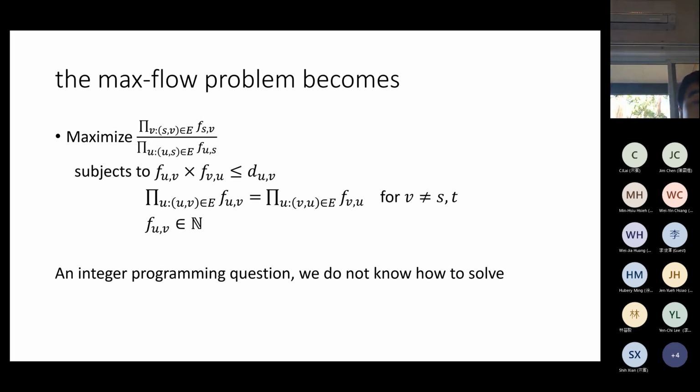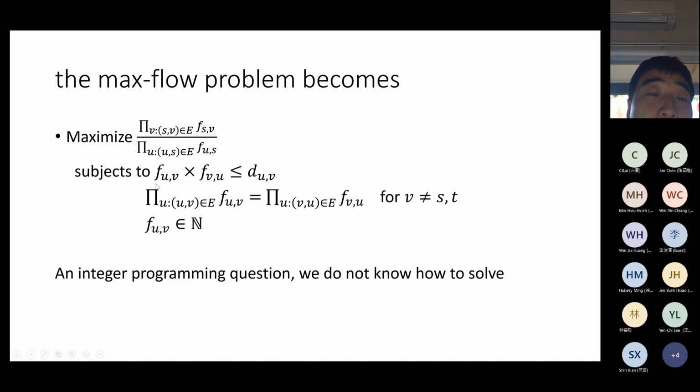The max flow problem becomes: we want to maximize the product of FSV, which is what we want to assign, such that V ranges over all SV in E. SV is an edge in E that is outgoing from S, and we divide by the product of FUS, which is also an edge, the assignment of edges going into the source.